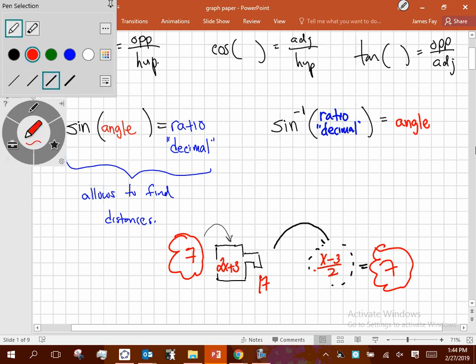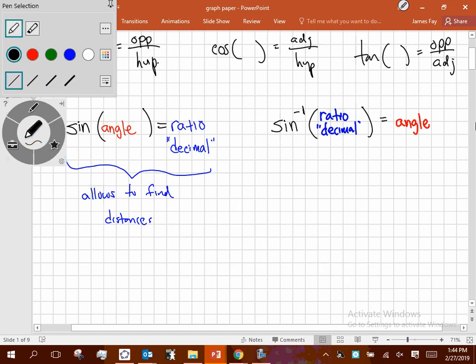Let me draw this picture again. So let's say this is the sine function. That's my first machine. This is my sine inverse machine. The idea is take a number like 30 degrees. Put that in this machine.